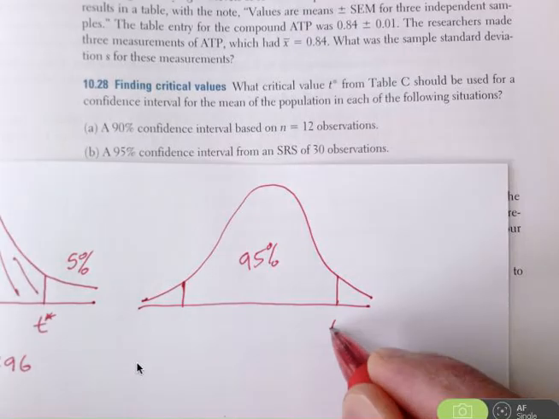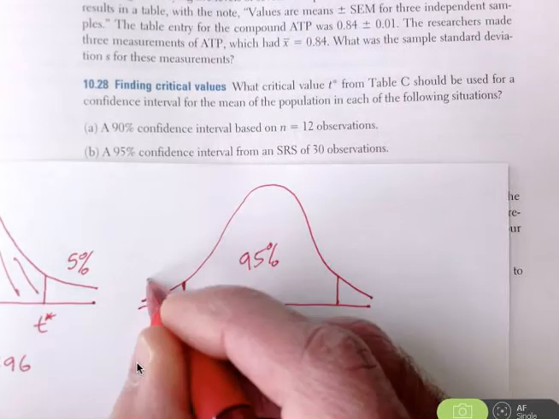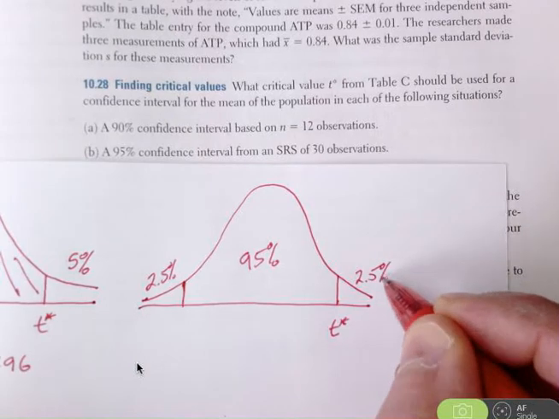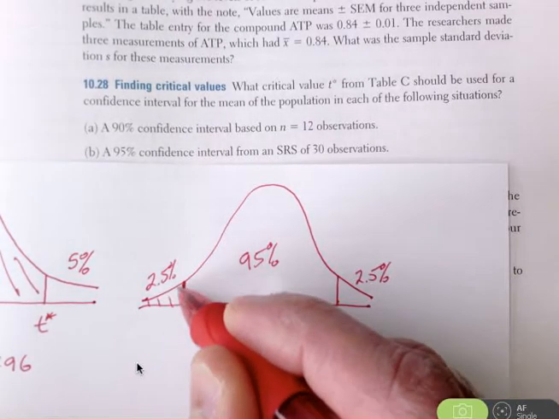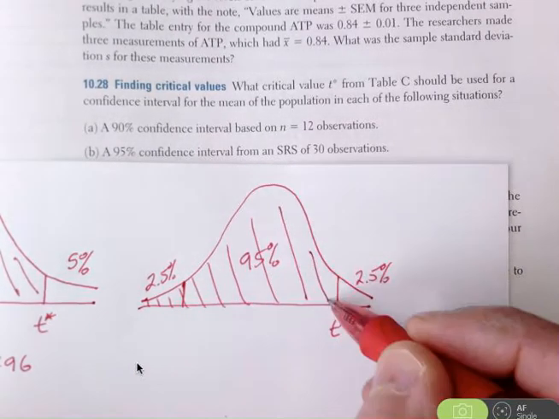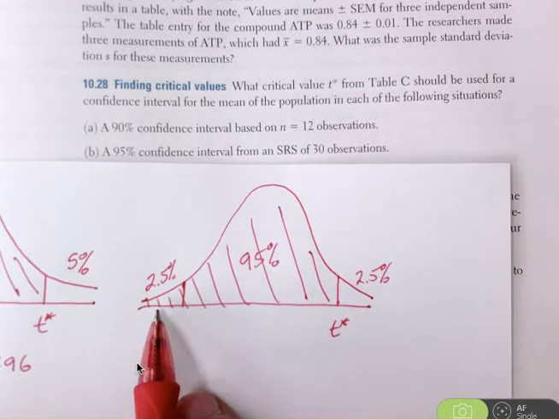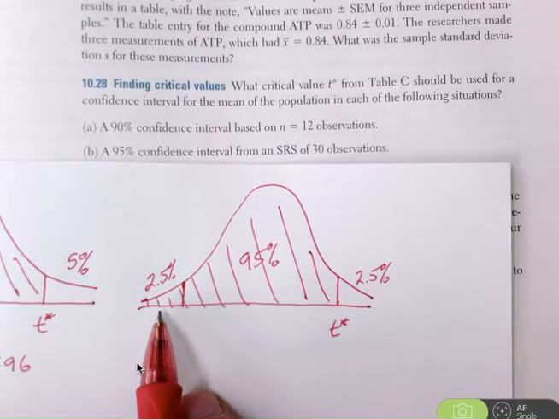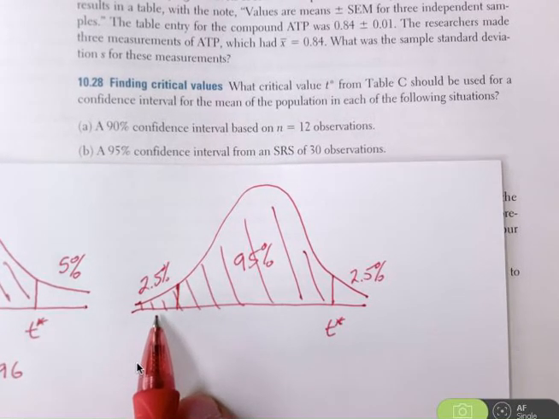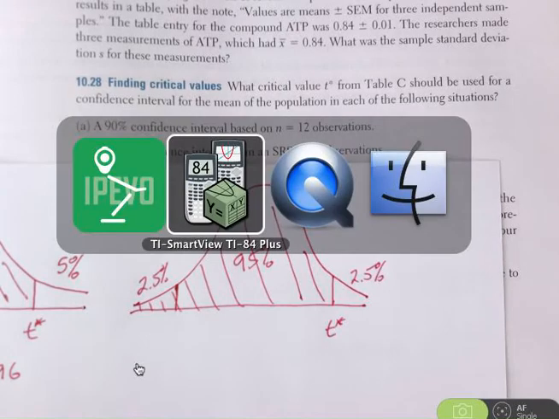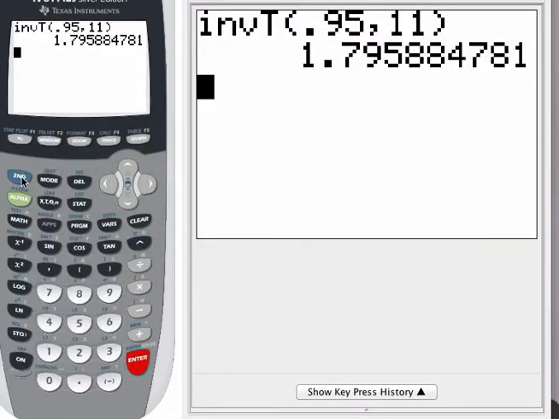So when I'm looking for T star out here, I have a lower 2.5% and an upper 2.5% that I have essentially cut off. So to find that value of T star, I don't want to put in just the 0.95. I also have to include the lower 2.5% that I've cut off. So I need for my area to put in 0.975, and there are 30 observations, so that gives us 29 degrees of freedom.